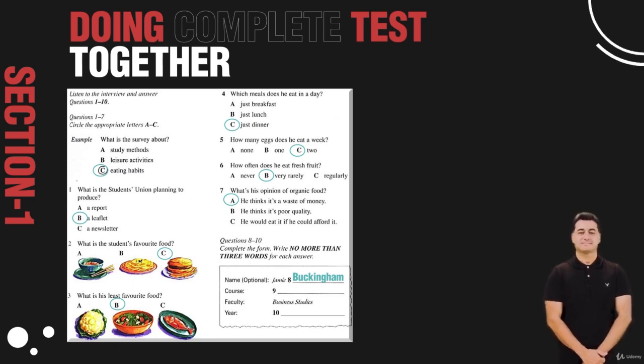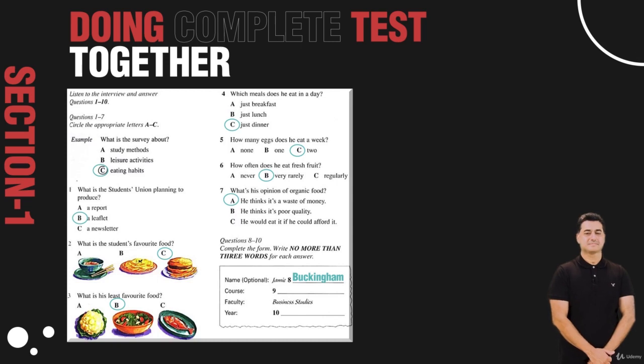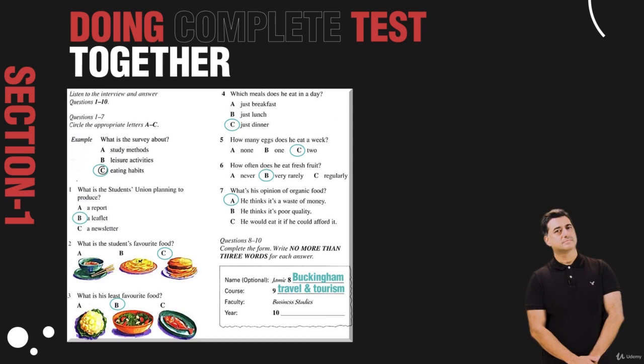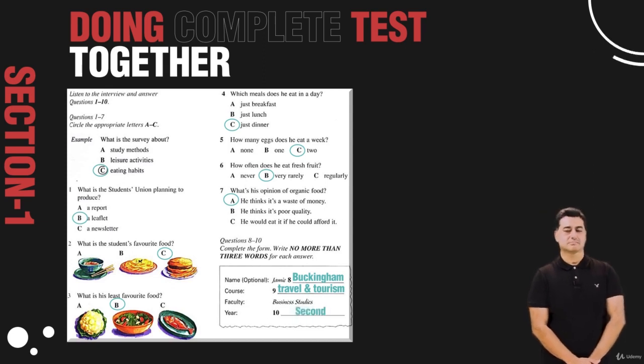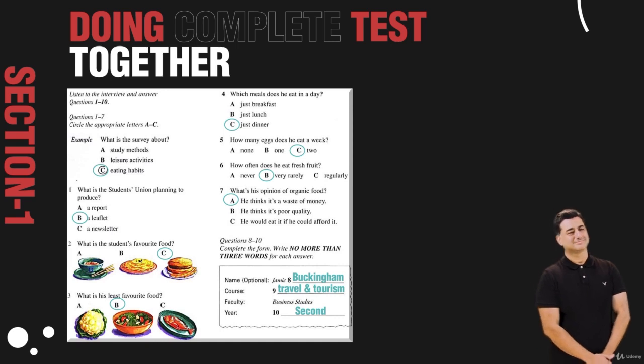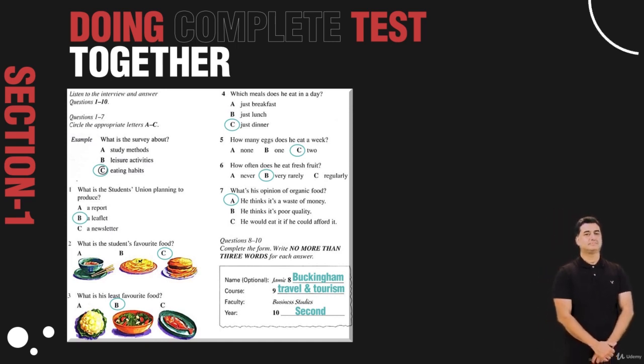Got that. And which course are you on, Jamie? I'm doing a degree in travel and tourism. Lucky you. That's in the business studies faculty, right? Correct. And which year are you in? I'm in my 2nd year. 1 more to go. Right. That's everything. Thanks a lot for your help. No problem. Cheers.